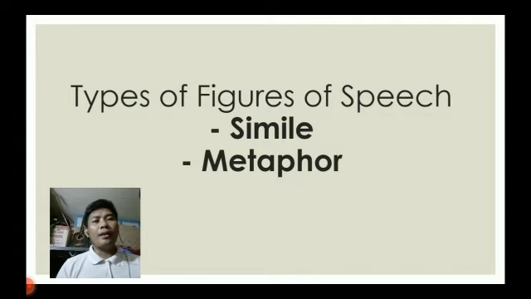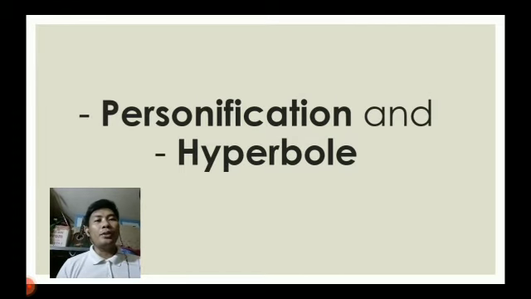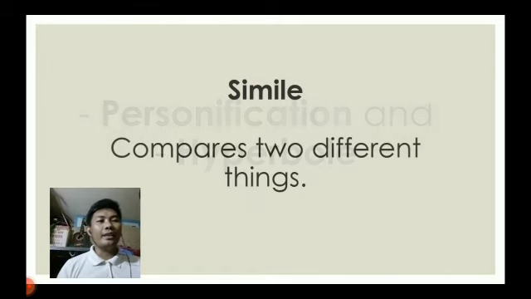There are four types of figures of speech, and we will learn them as we go through our lesson today. We have the simile, metaphor, personification, and hyperbole. Let's begin with the simile.